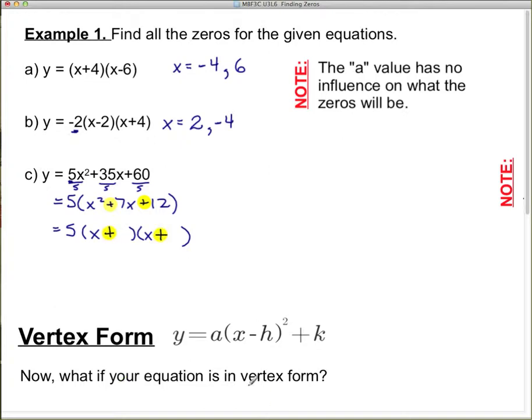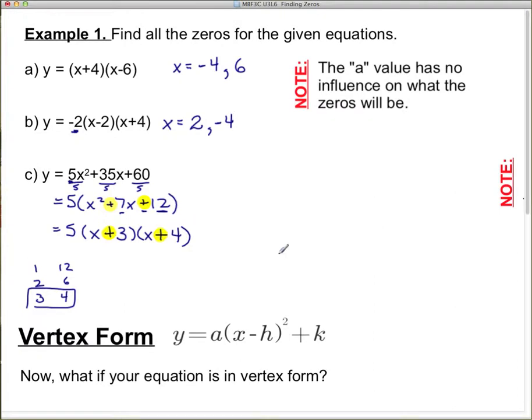Now we have to read it backwards. We're looking for two things that multiply to 12 and add to 7. So what multiplies to 12? There's 1 and 12, 2 and 6, or 3 and 4. Those are the only things that multiply to 12, and the ones that add to 7 are 3 and 4. And it doesn't matter which order I put them in, because they're both positive.